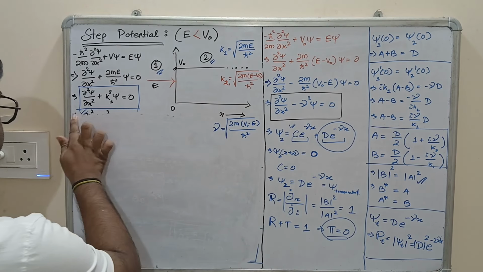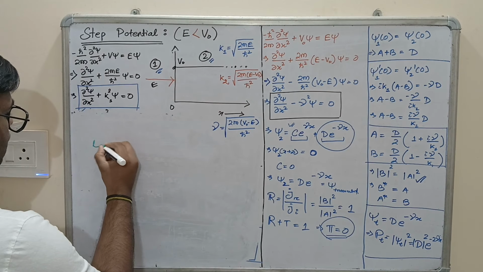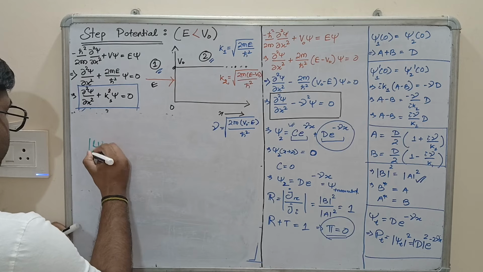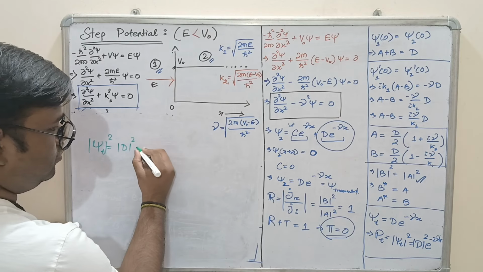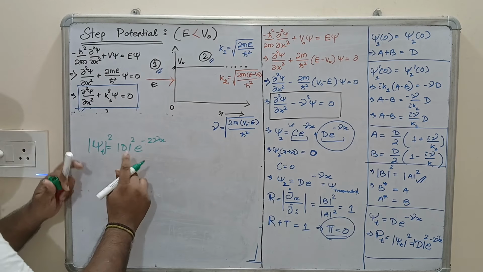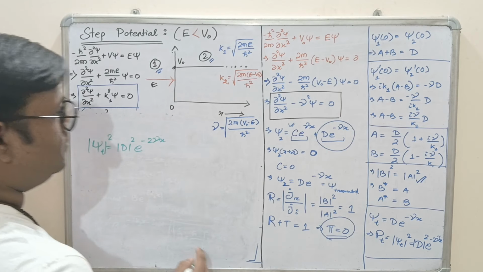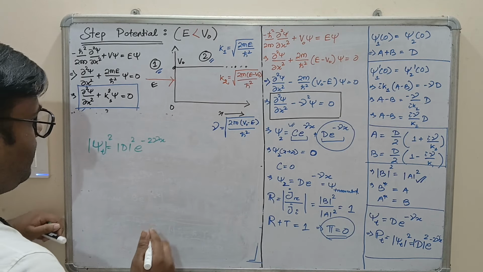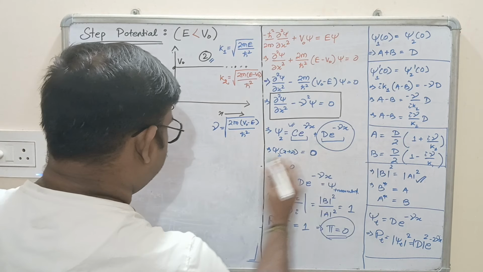Look at this part. Psi t mod square is coming out to be D mod square e to the power minus 2 nu x. Now we have to check what is the value of D. Look at this wave function.